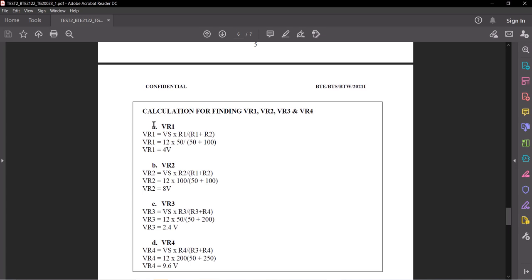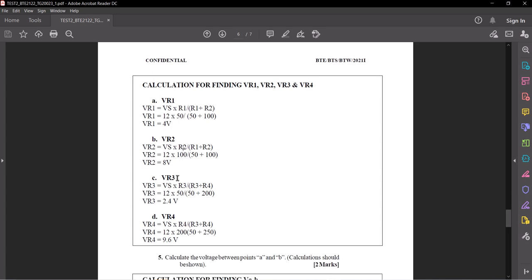So for VR1 equals Vs times R1 over R1 plus R2, which is 12 times 50 divided by 150, which I get 4 volts. Next, VR2. We use the same formula by replacing with R2, so that VR2 equals 12 times 100 over 150, and VR2 is equal to 8 volts.